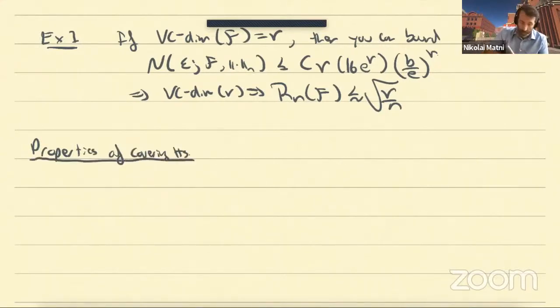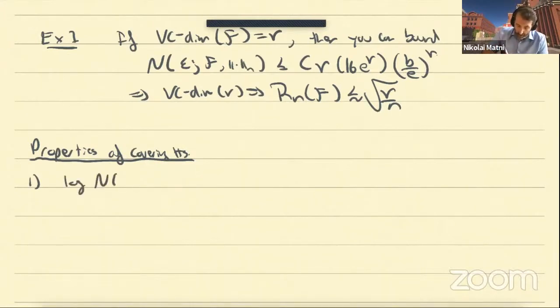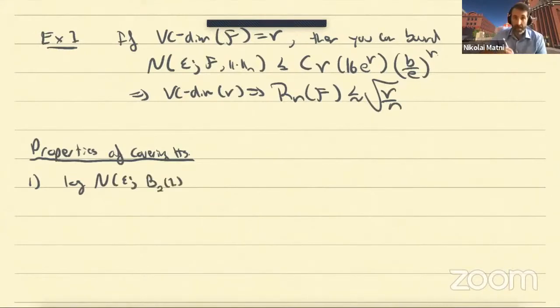So the first, I'm just going to state this as a given, but it's not too hard to prove just from a sphere packing volume argument, which is that the log of the covering number of the Euclidean ball in n dimensions. So I'm going to use B_2^n to denote, basically, that's a p norm, so that's a 2 norm. The ambient dimension is n, and the radius is 1.